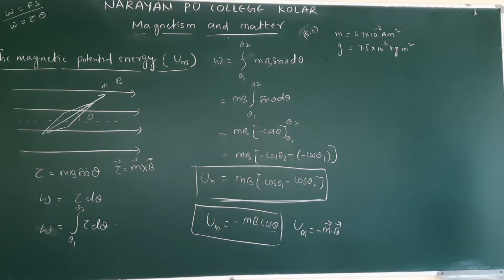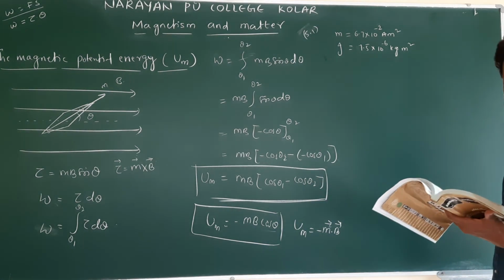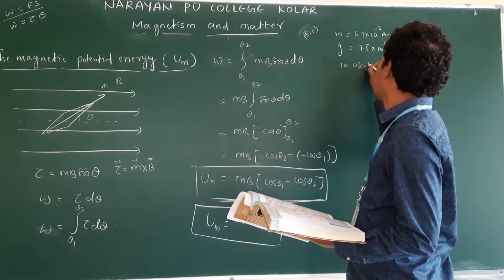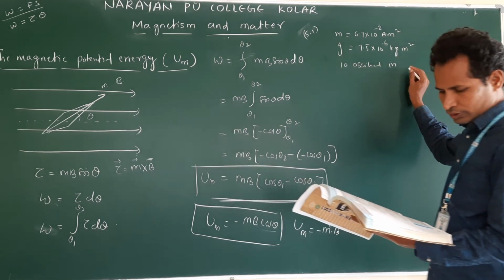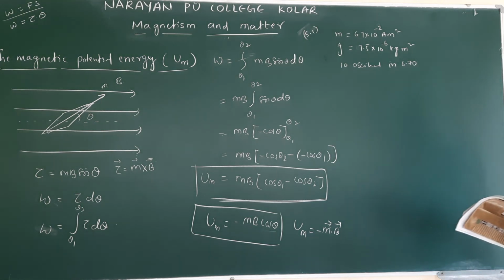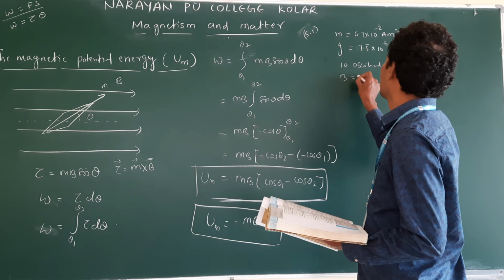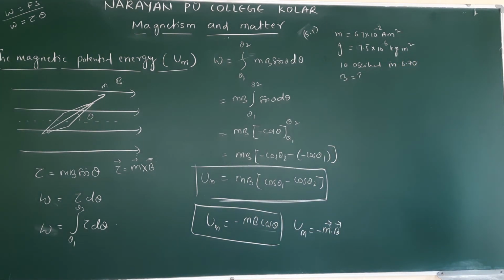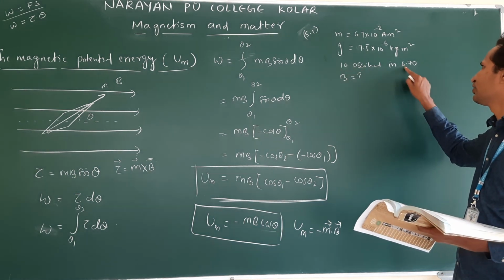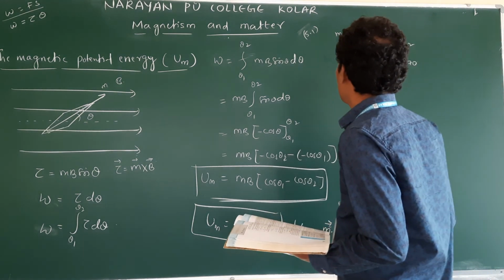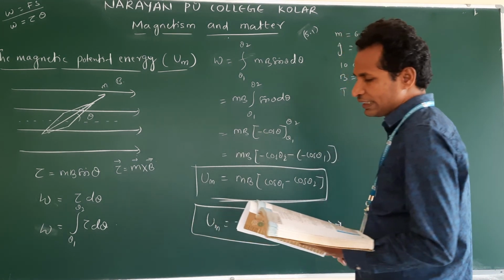It performs 10 complete oscillations in 6.70 seconds. What is the magnitude of the field B? Now we need to find B. They gave 10 oscillations in 6.70 seconds. We need to find the time period for a single oscillation. How do you calculate?